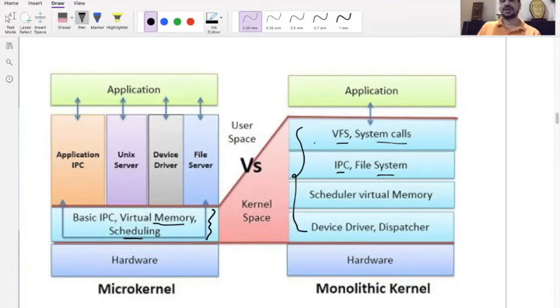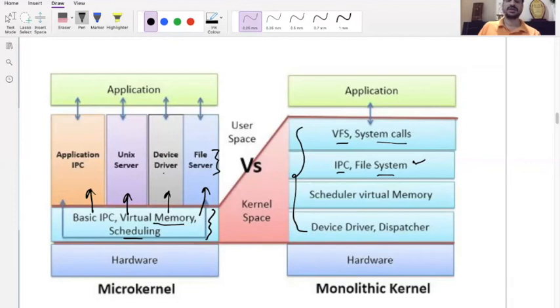Whenever we require, let's say we are managing the file system, we have to go to the kernel mode or the supervisor mode. The management will be done by the kernel.